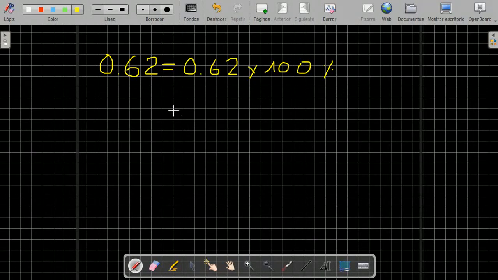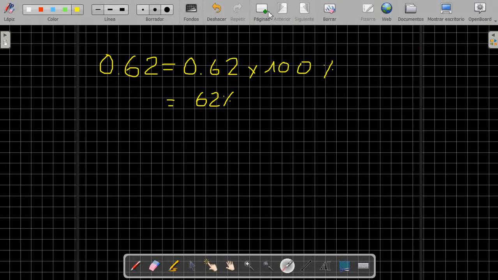We just have to move the point as many times as the amount of zeros that we have. If we have here 2 zeros, we have to move the point 1 and 2 places. So it will be 62%. So it's very easy, as you can see. If you want to convert a decimal to a percentage, you just have to multiply by 100%, and that's it.